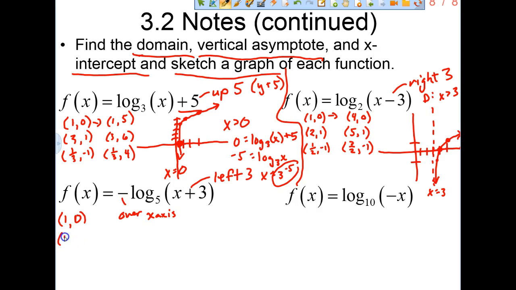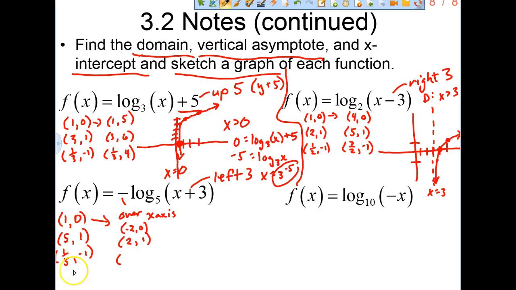Remember, 5 is the base, so 5, 1, and 1/5, negative 1. All right, so now let's do the shift left first. So if I shift 1, 0 to the left 3, I get negative 2, 0. 5, 1, shift to the left 3, I get 2, 1.